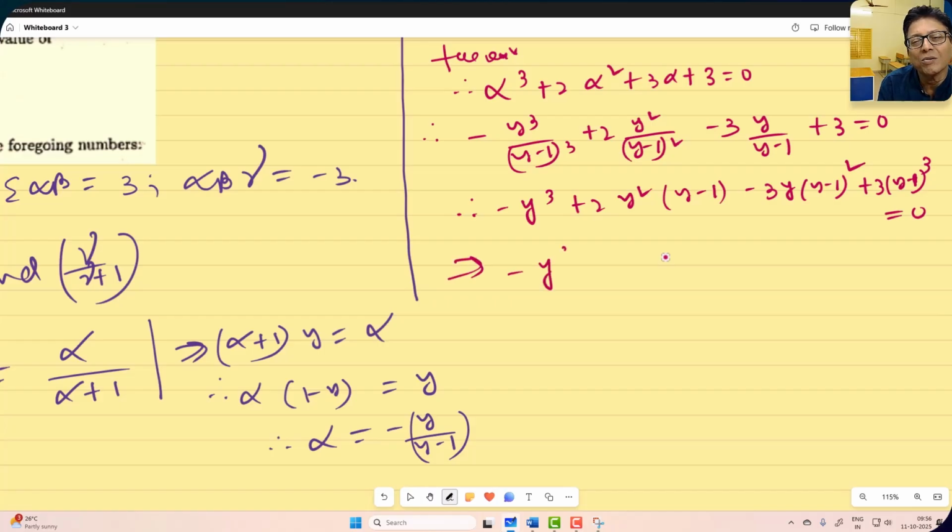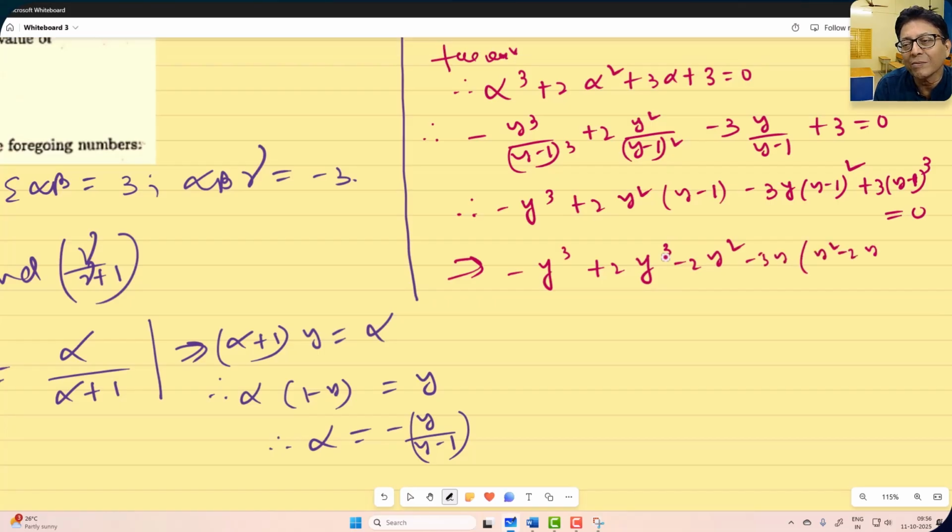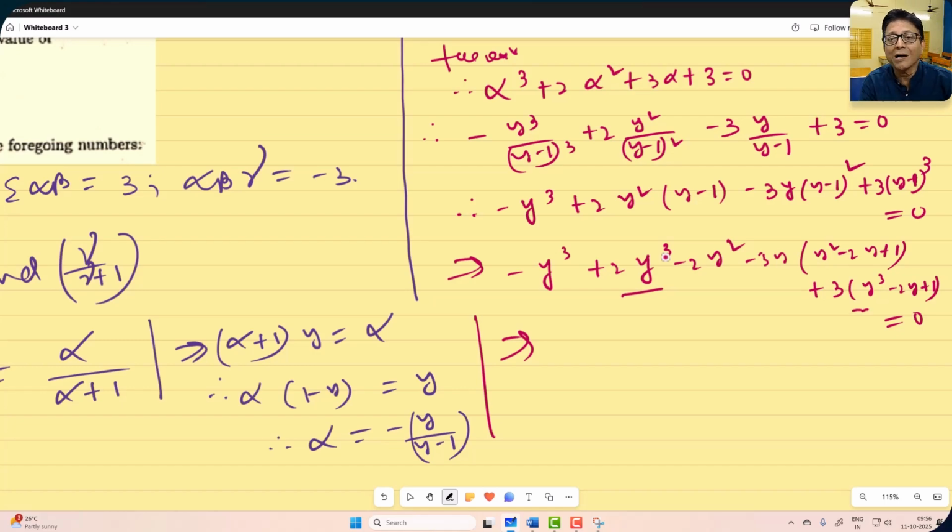You have to solve. Y cube plus 2y cube plus 2y square, minus 3y (y square minus 2y plus 1), plus 3 (y cube minus 2y plus 1) equal to 0. So this implies 2y cube, 3y cube, 5y cube minus 4y cube, just only y cube.